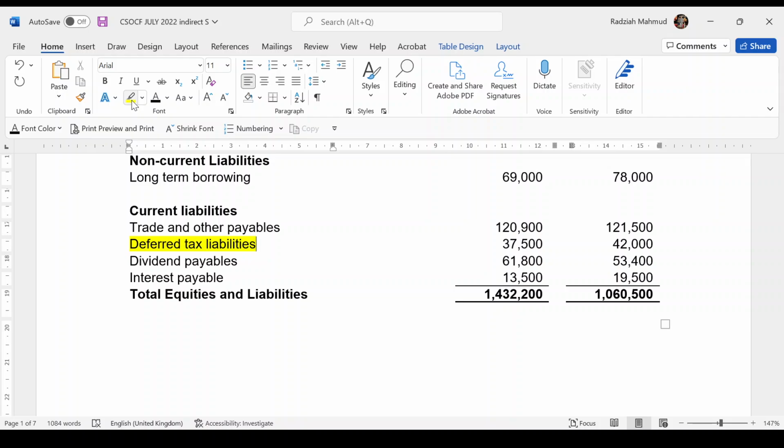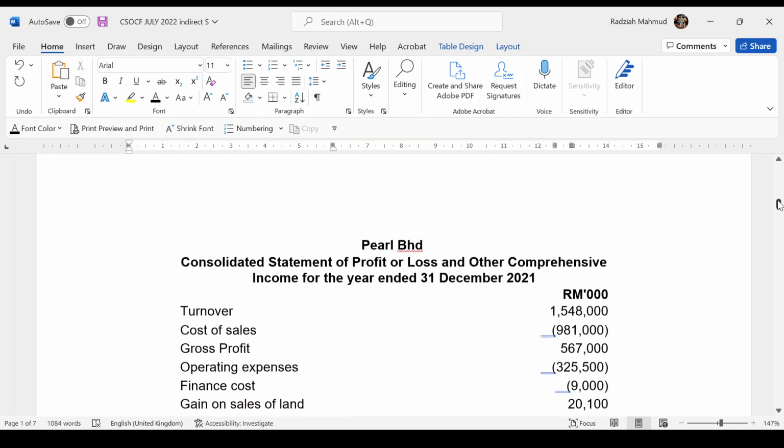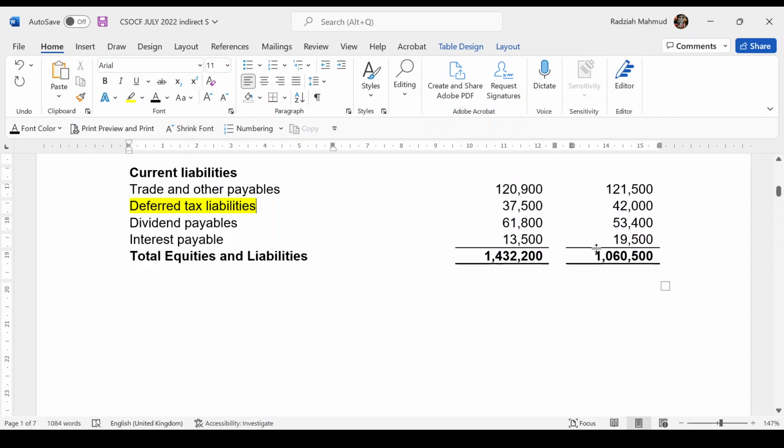Normally we will combine the two. In this question, you are only given the deferred tax liabilities. This is the opening, this is the closing. If we have a tax payable or tax recoverable, we will combine that together.